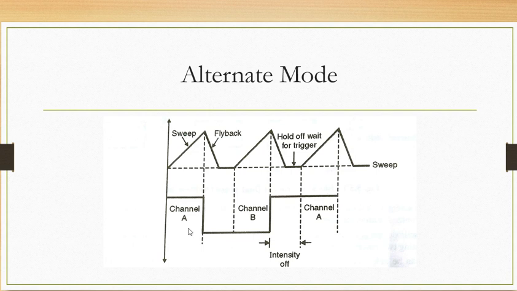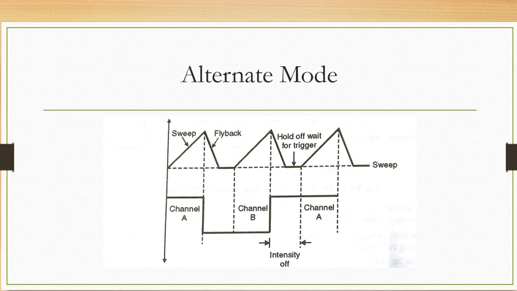So if you see here, at the start of a new sweep, okay, the switching takes place, and the switching rate of the switch is synchronized with the sweep rate, so that during one sweep channel A is connected and during the next sweep channel B is connected, okay. Thus the two channels are alternately connected to the vertical amplifier, okay.